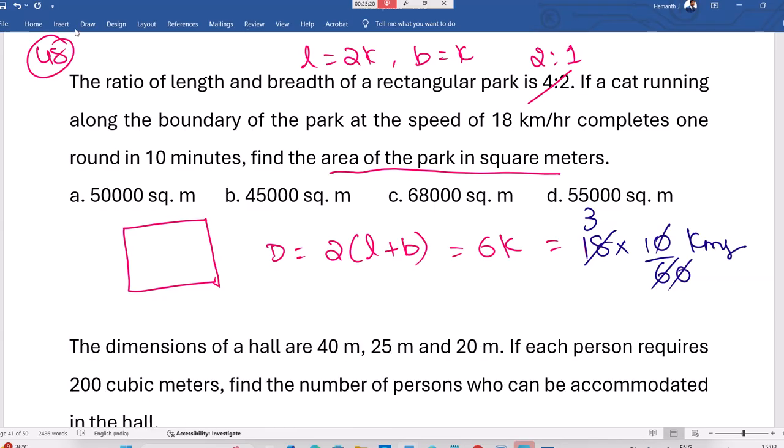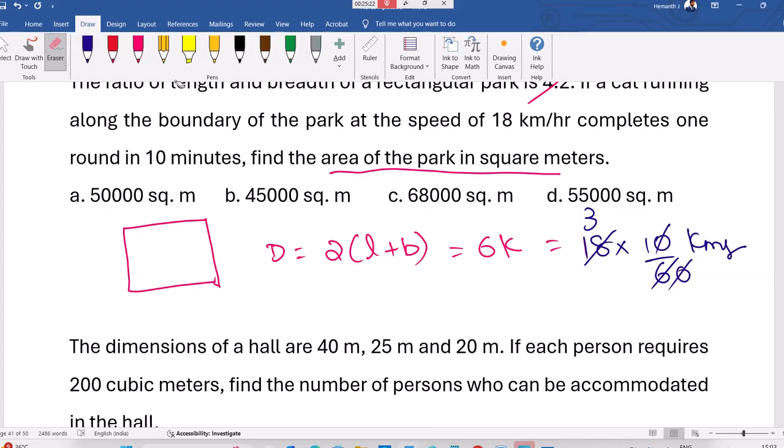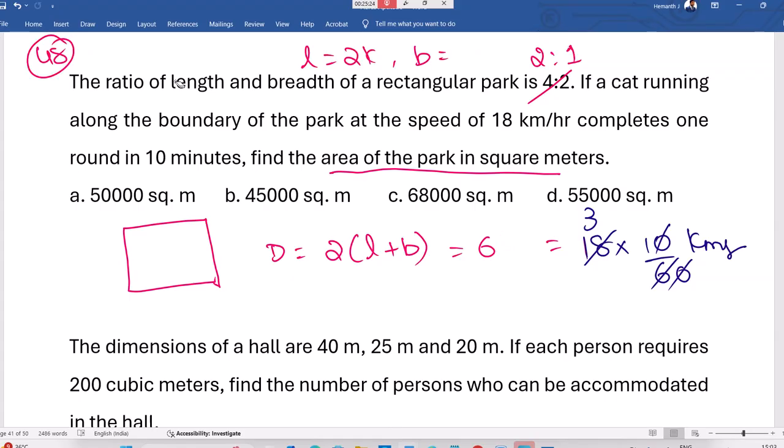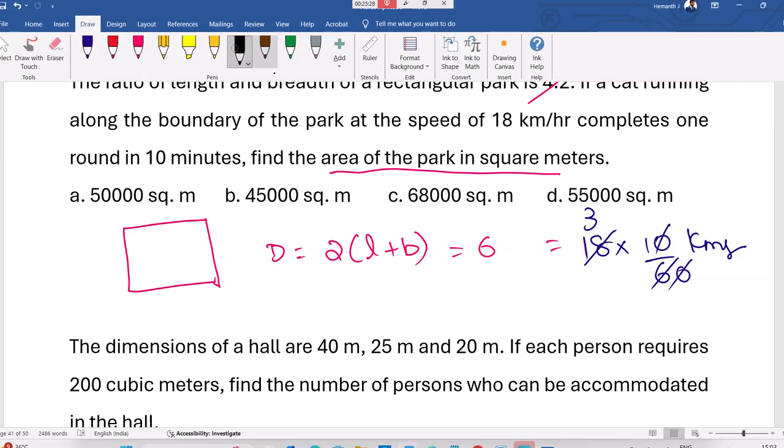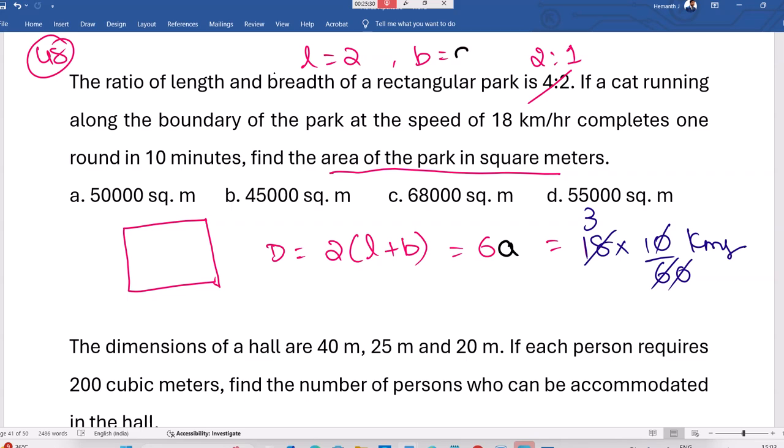Again, you people may confuse because of the word k. Here kilometers again here. I'll just use some different term. Okay, if it is a 6a, this is a and this is 2a. Then a will be 3000 divided by 6, which is 500.